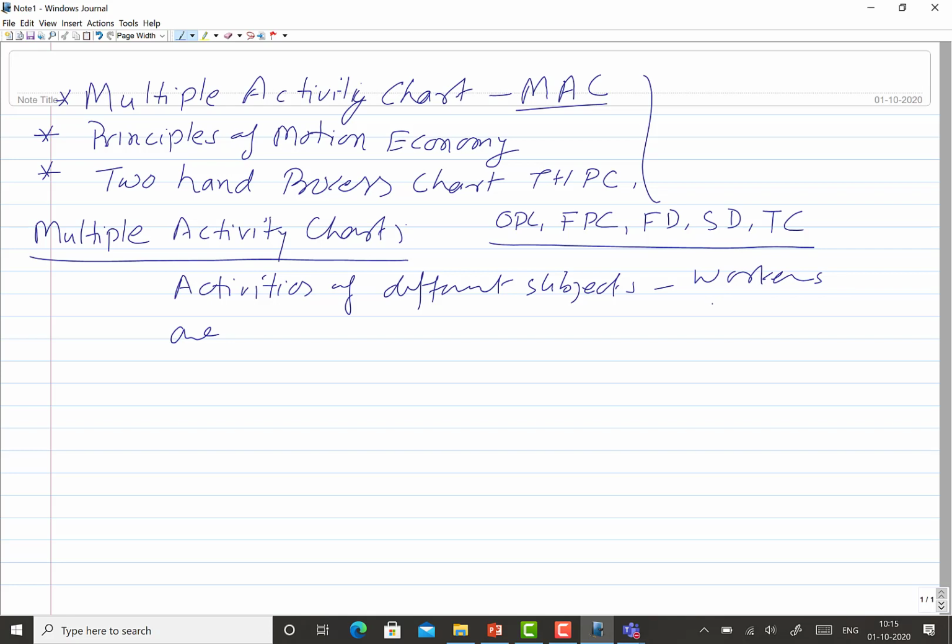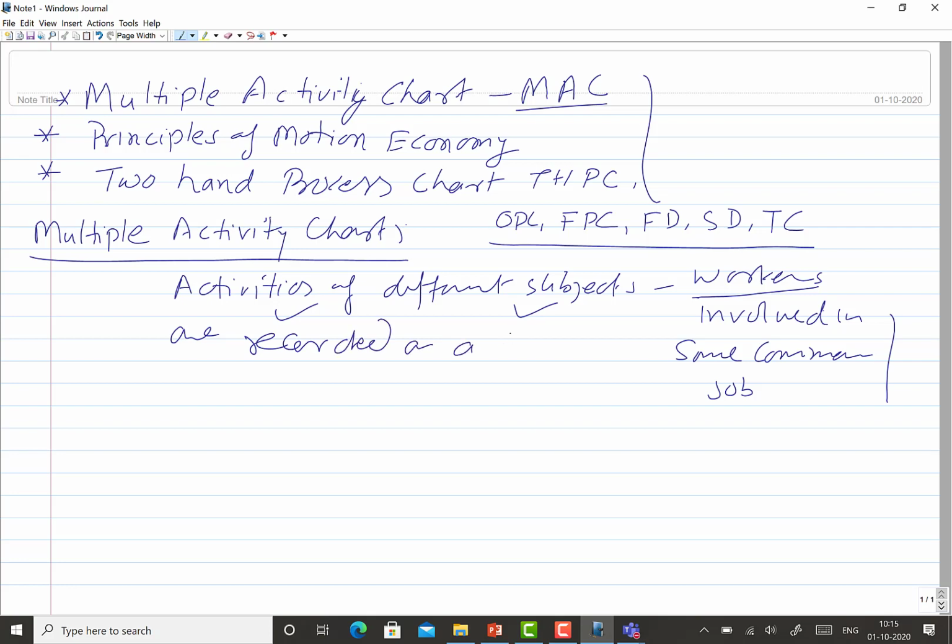So these workers are involved in some common job. So activities of the different subjects or the workers who are doing some common job are recorded on a time scale.